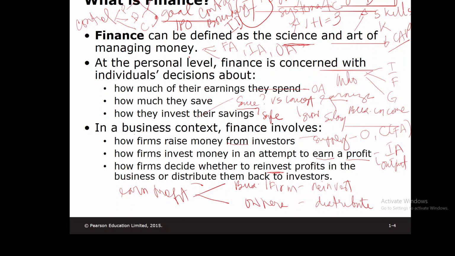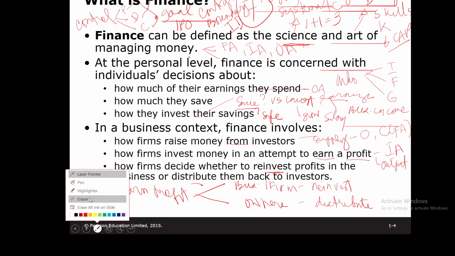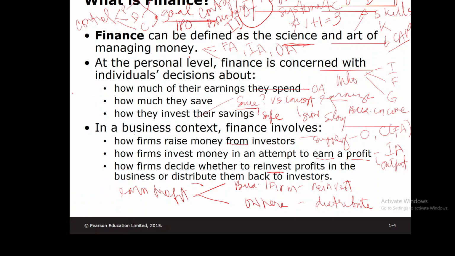So at the personal level, your major concern is, if I earn, where do I put my money? Savings or investment. If you would like to maximize, then it would be investment.